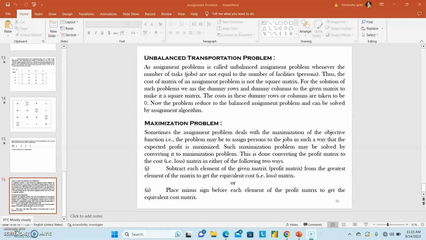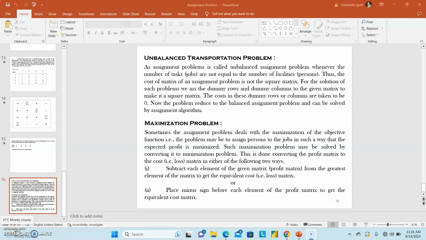Wherever the scarcity is there, we add dummy rows or columns to that matrix. The cost in these dummy rows or columns is taken to be zero, that means the entire dummy row or column will be zero. Now the problem reduces to a balanced assignment problem and can be solved using the assignment algorithm we have discussed earlier, which is called the Hungarian method or reduction matrix method, right?